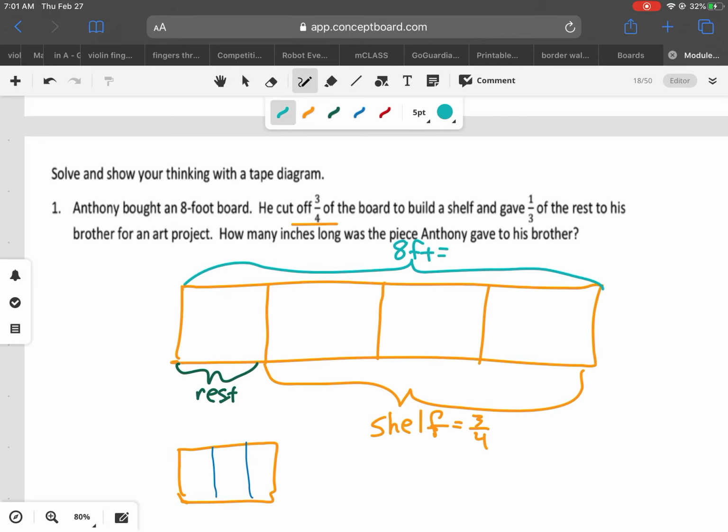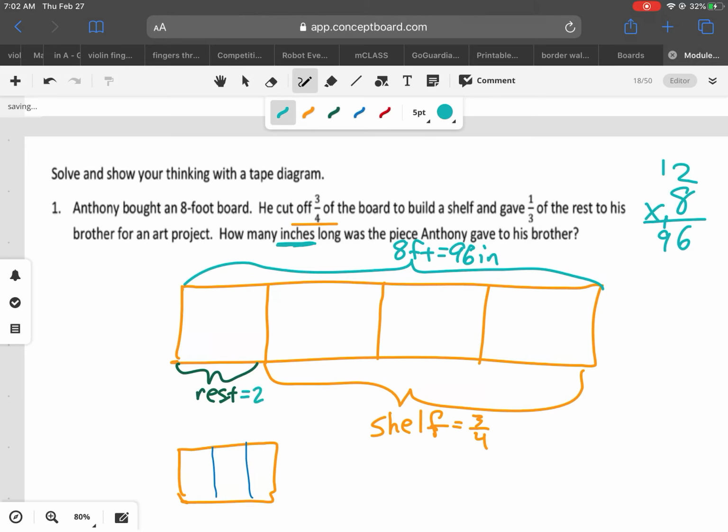Now, some of you may want to take it to the other level and do 12 times 8 to see how long the board is in inches, because it does say inches right there. So we're going to take it there first. So it's 96 inches. Some of you may want to say, okay, I'm going to keep it at 8 because 8 is easy to divide by 4, and that means that there's 2 feet in each one.